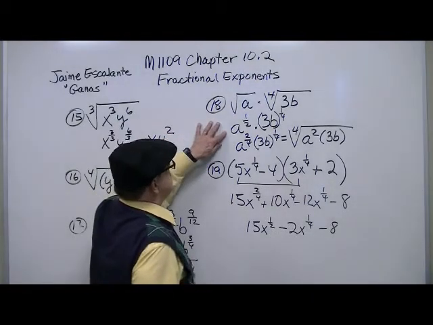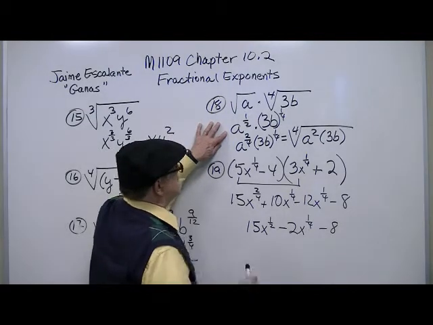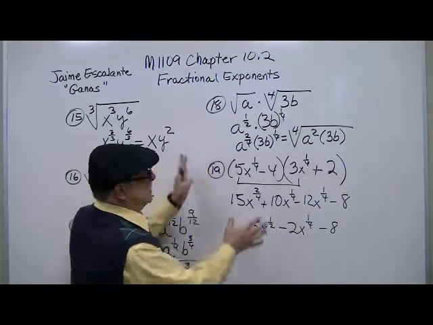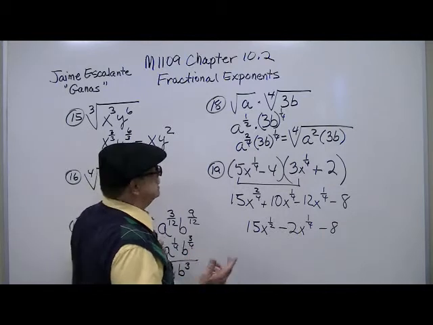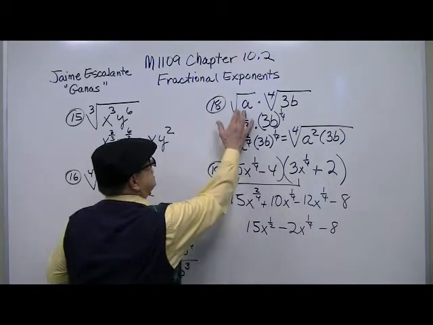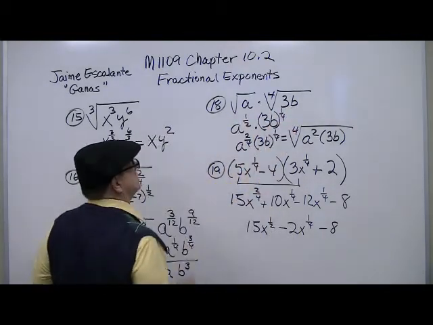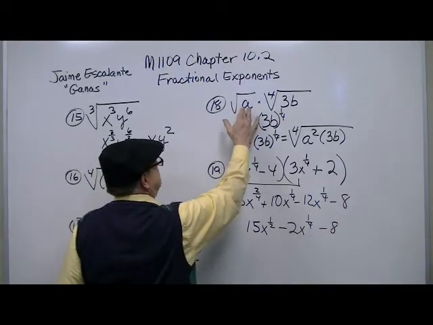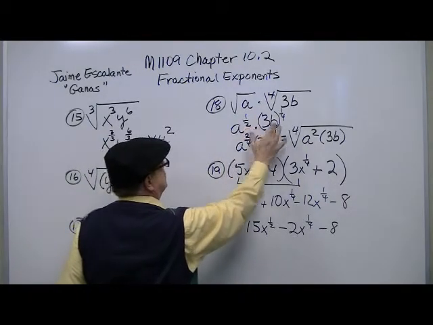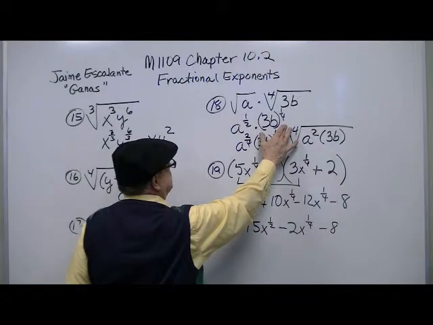So as we continue here, we're looking to write these as a single radical expression instead of two like this. So we change that to its fractional exponent form and this.